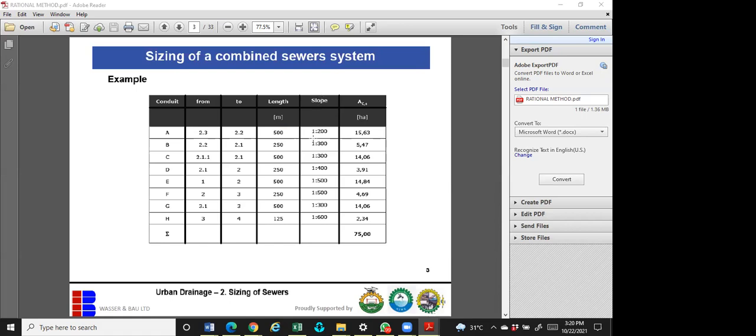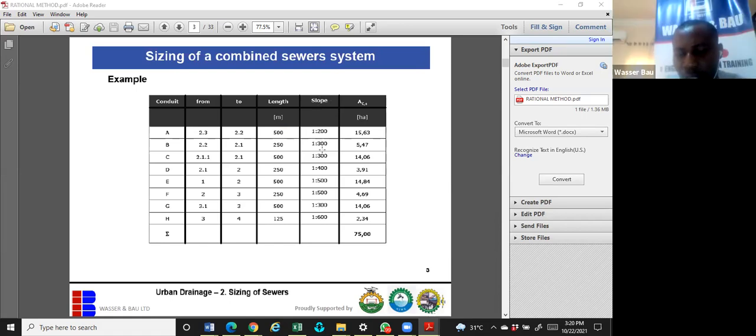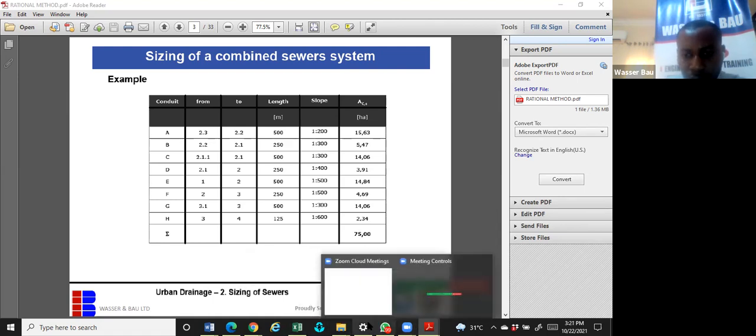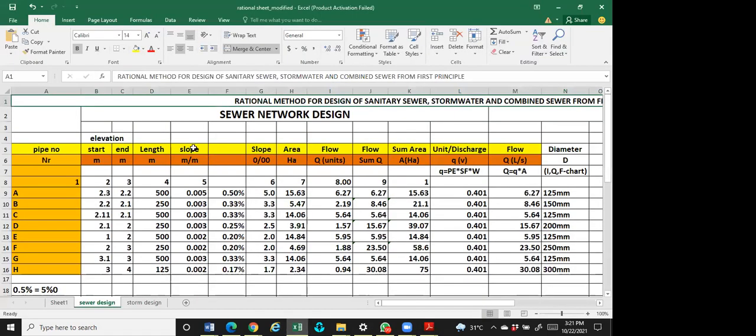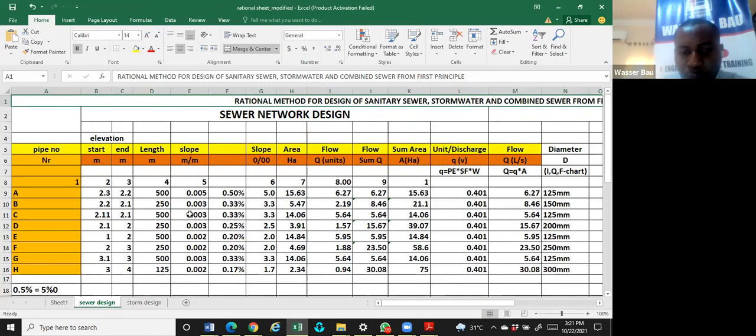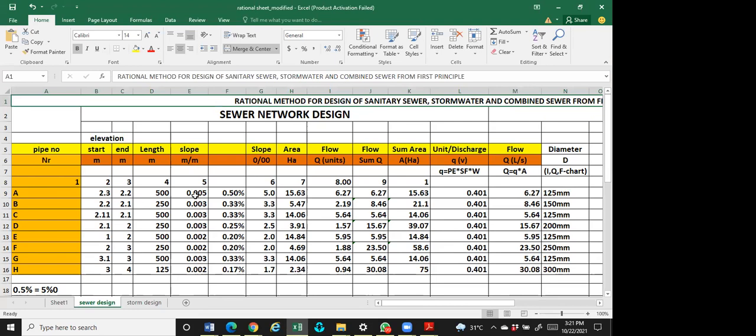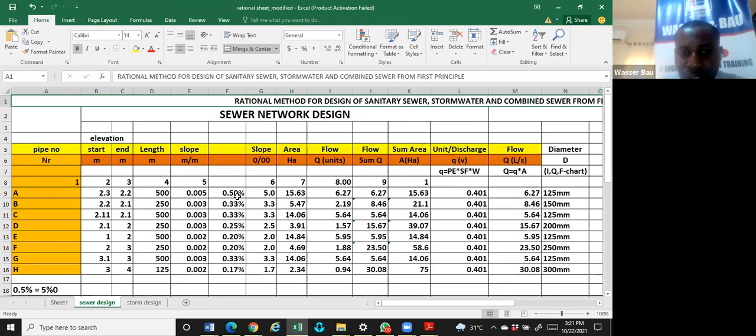He said that the slope is 1/200. So if you do 1/200, you get the slope. 1/300, you get the slope. So these are the slopes here. Normal slope. Slope is dimensionless, unitless. Okay. So if you convert it to percentage, it's going to be what? 0.5%. If you convert it to per 1,000, you know this thing is.